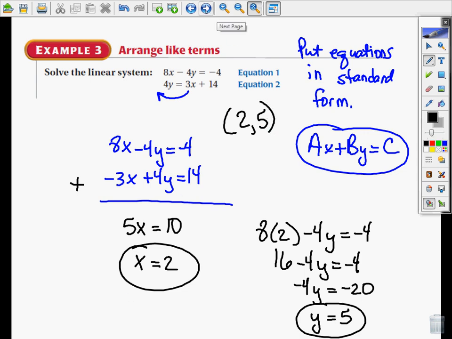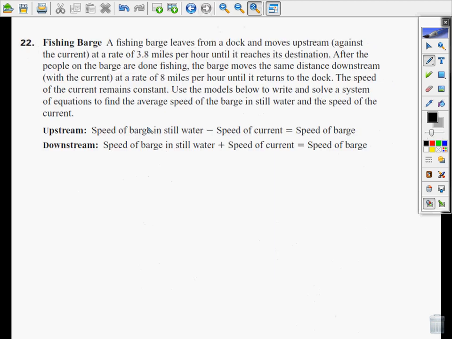The last example I have for you is an application problem dealing with a fishing barge. A fishing barge, a big boat, leaves from a dock and moves upstream against the current. That means it's fighting against the current, so it's going to slow down a little bit. The boat in the current is moving at a rate of 3.8 miles per hour until it reaches its destination.